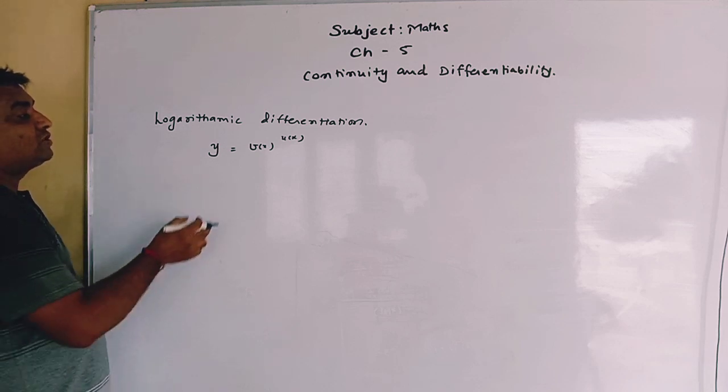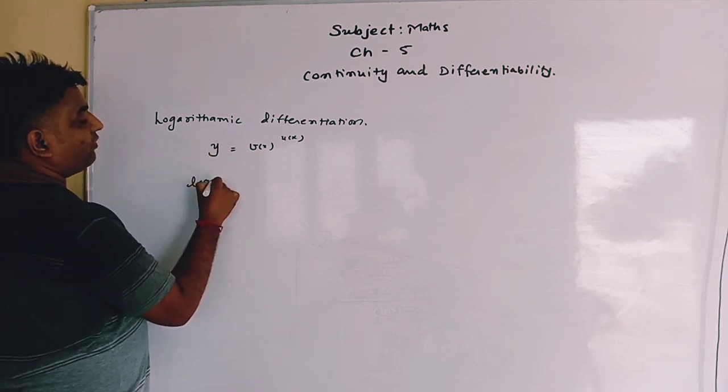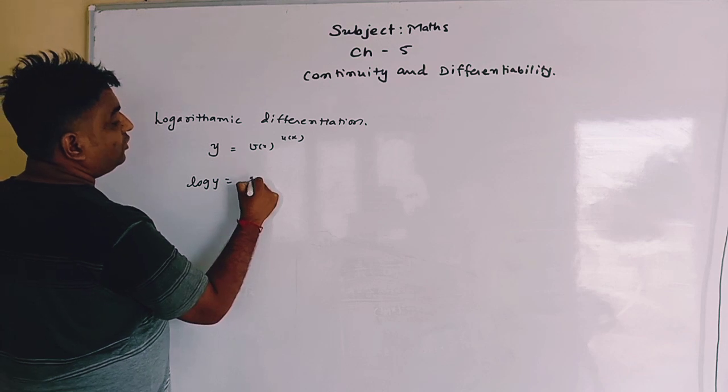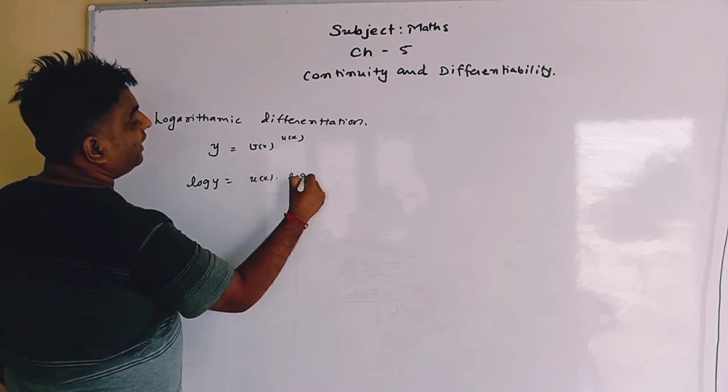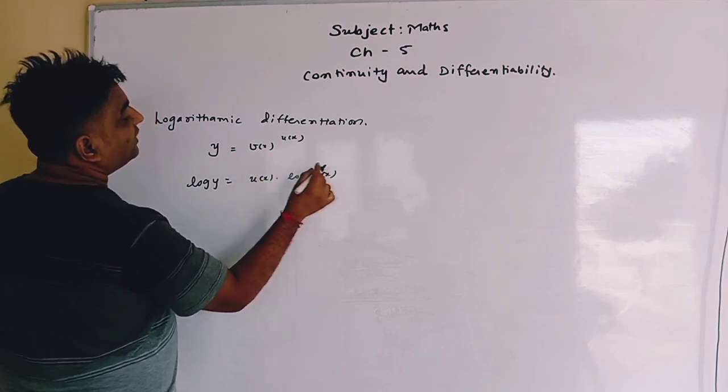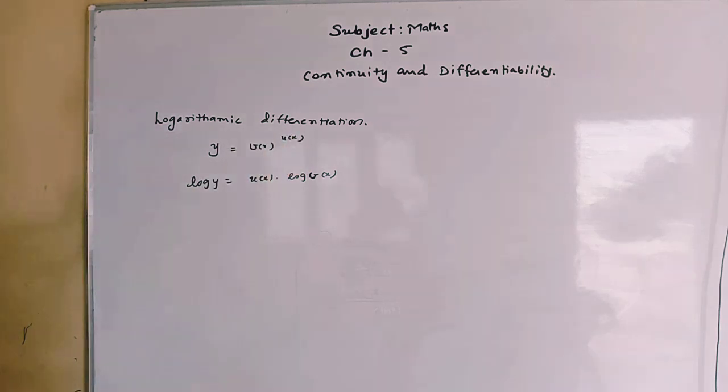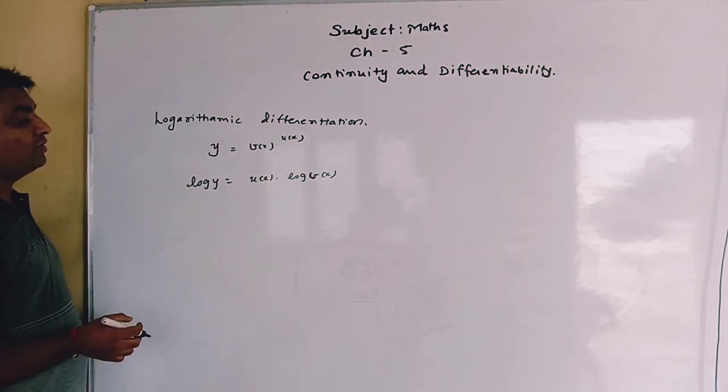So we apply the log, then log y equals u(x) into log b(x). We know that in the logarithm we can take the power and multiply it into the front.